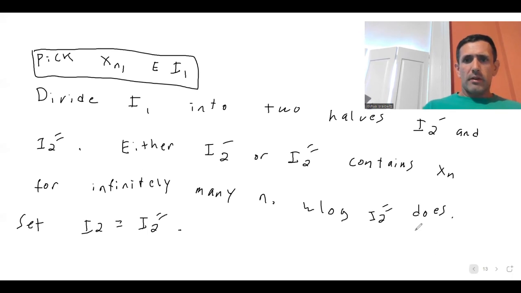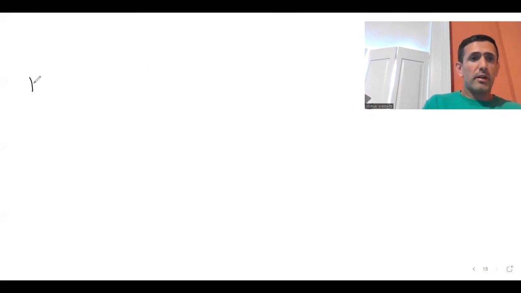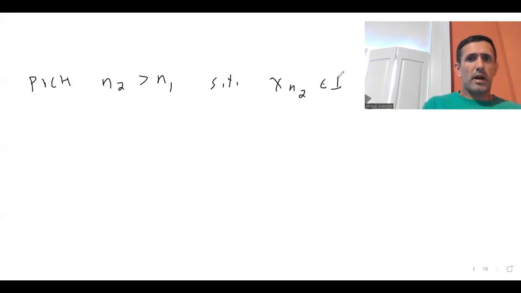I2 contains xn for infinitely many n, so let's just pick some n bigger than n1, where xn is in I2. Any n bigger than n1, where xn is in I2, let's call it n2. So I can pick n2 bigger than n1, where x_n2 is in I2.